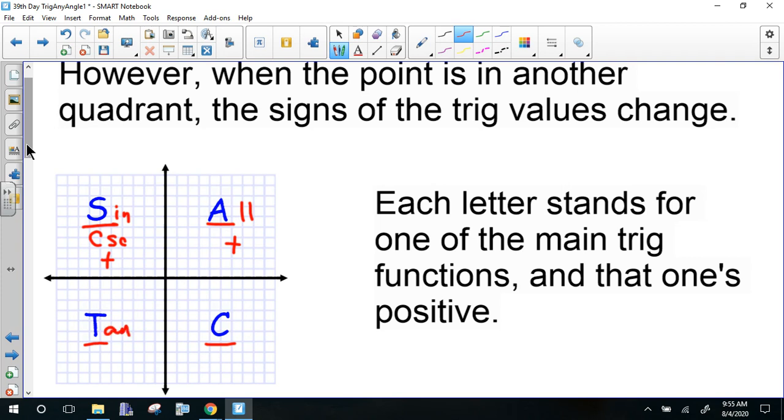Tangent and cotangent are positive in quadrant 3. And cosine and secant are positive in quadrant 4. So all students take calculus in a counterclockwise direction. That's how we remember what the signs of the trig functions are.